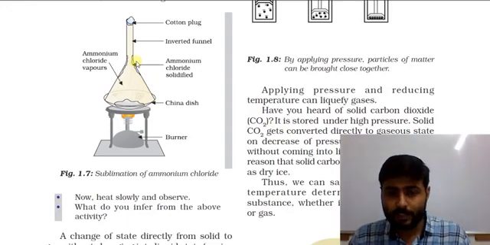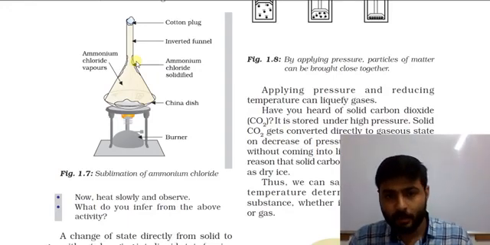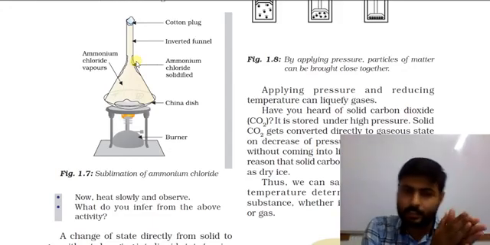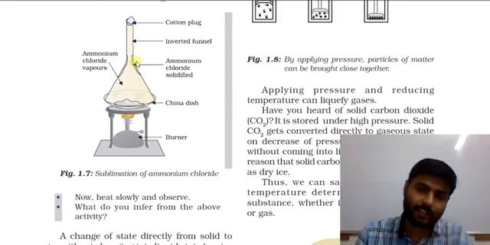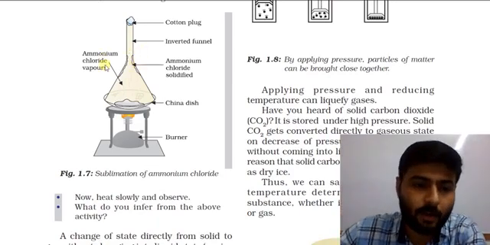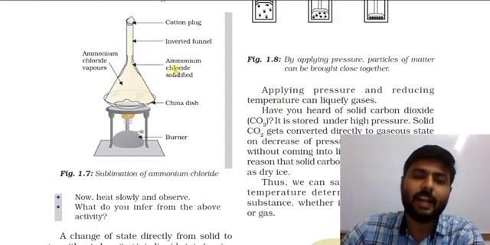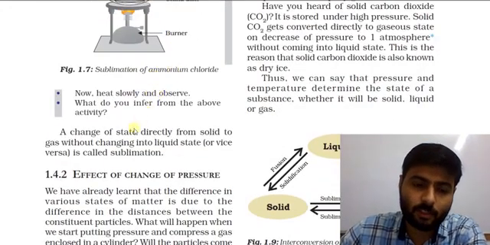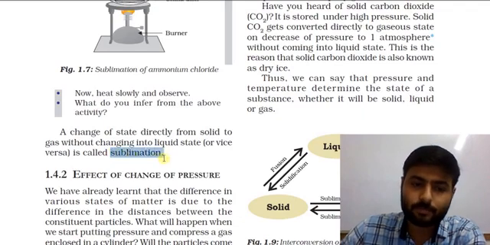So camphor or ammonium chloride, particularly ammonium chloride, converts solid to gas, and if we decrease the temperature, it will convert gas to solid. So we have again here solidified ammonium chloride, and this is known as sublimation.